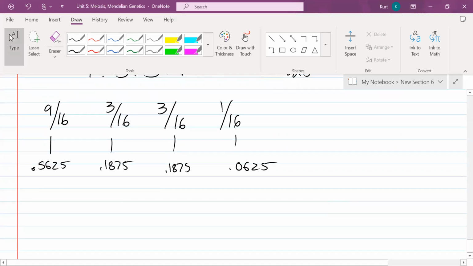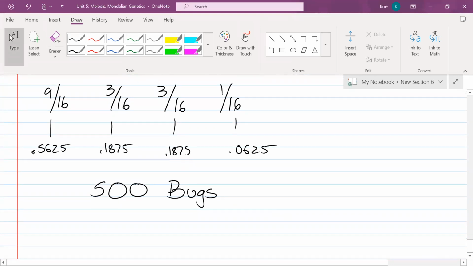So if I have a population of like 500 bugs, I want to know what percentage of them are going to show the recessive trait for both. You would do 500 times 0.0625. And that would tell me, let me do my math, 500 times 0.0625.